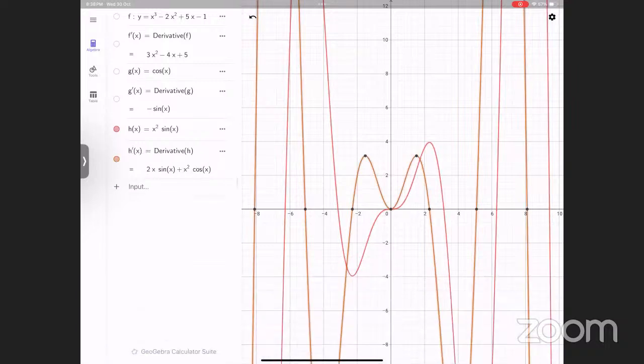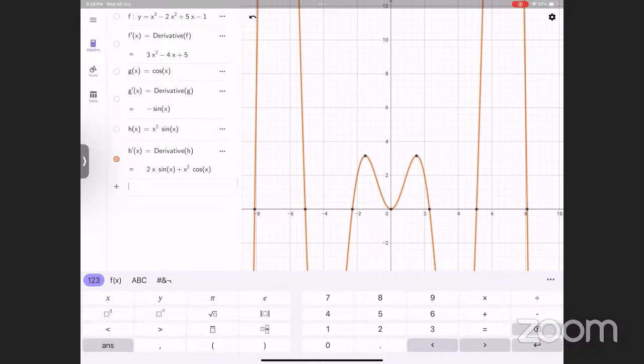Now, for some reason, this doesn't seem to be what Anu mentioned. So Anu, do you still remember what you said? The differentiation of x squared times sine x. I said 2x to the power of 1 times cosine x.